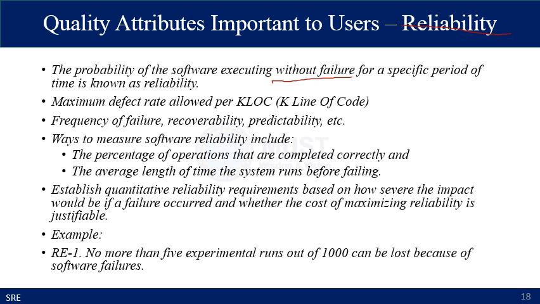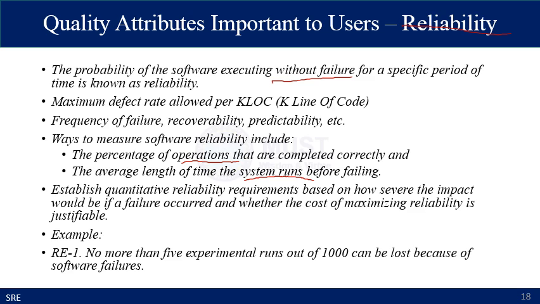There are different ways to measure software reliability, which include the percentage of operations that are completed correctly and the average length of time that the system runs before failing. So it is again closely linked with availability. To establish quantitative reliability requirements, consider how severe the impact would be if failure occurred and whether the cost of maximizing reliability is justifiable.